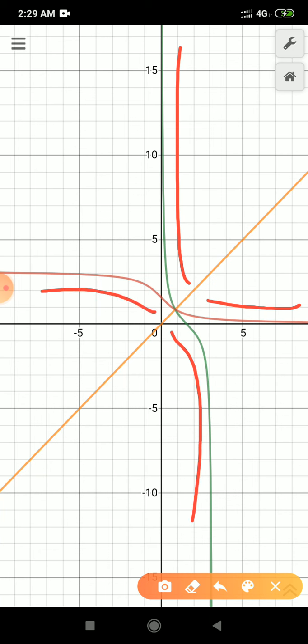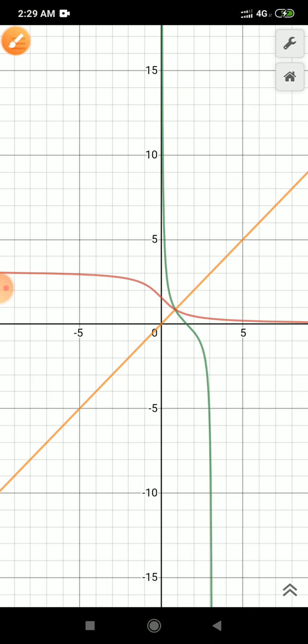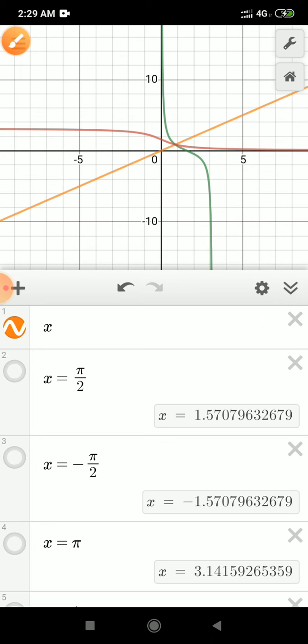So that's how we get the reflection, that is the inverse of cot. So clearly our next question should be to find the domain and range in which the cot inverse function is defined.